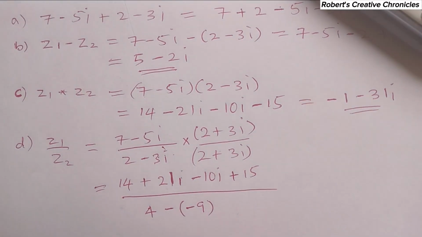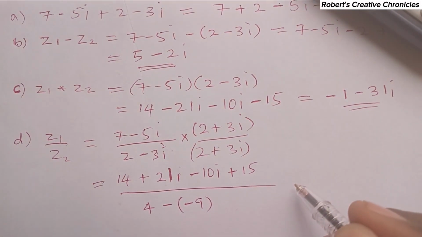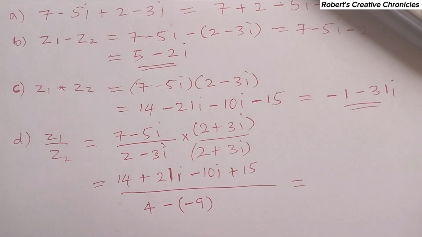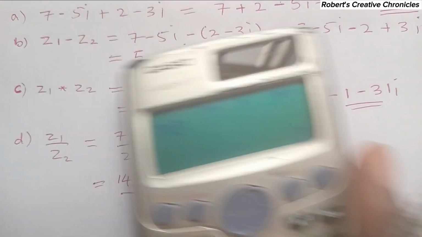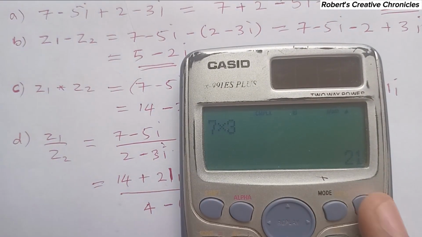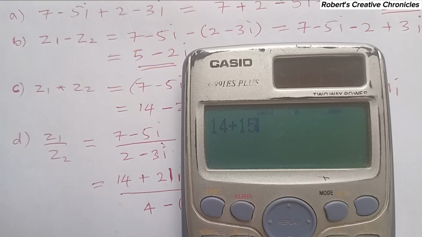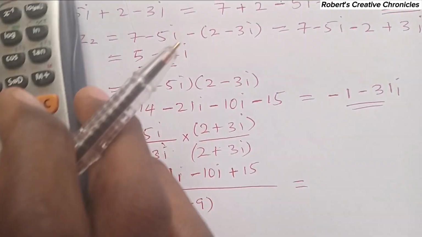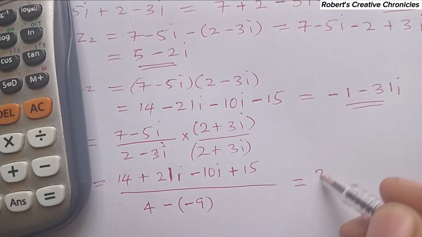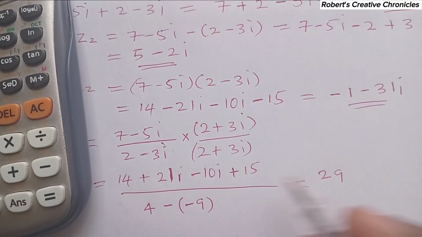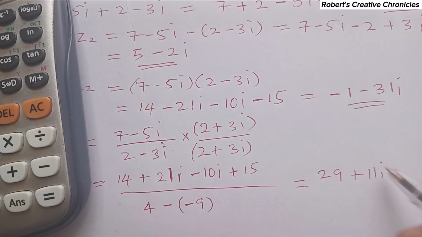So this becomes 14 plus 15, which is 29. 21 minus 10 is plus 11i.